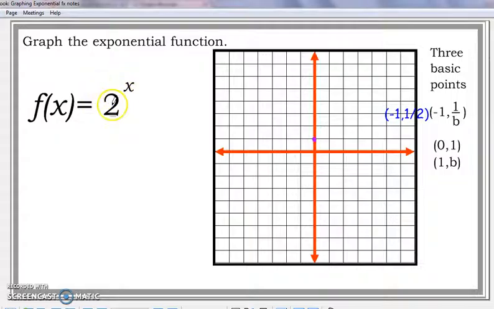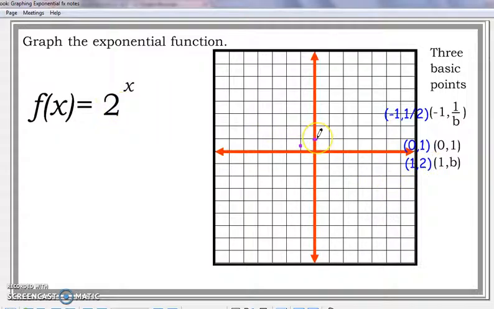And since our b is 2, we're going to have another point at -1, and then 1 over b, which is 1 over 2. Okay. And then for the third point, we have 1 and b. So since b was 2, we have 1, 2 as the third point.